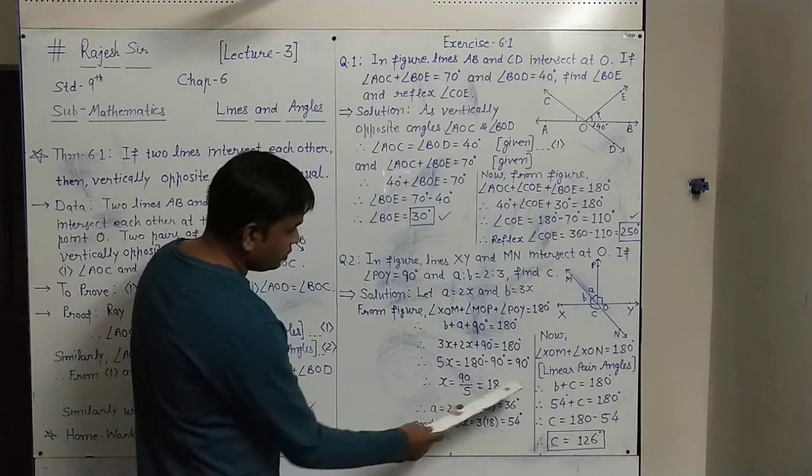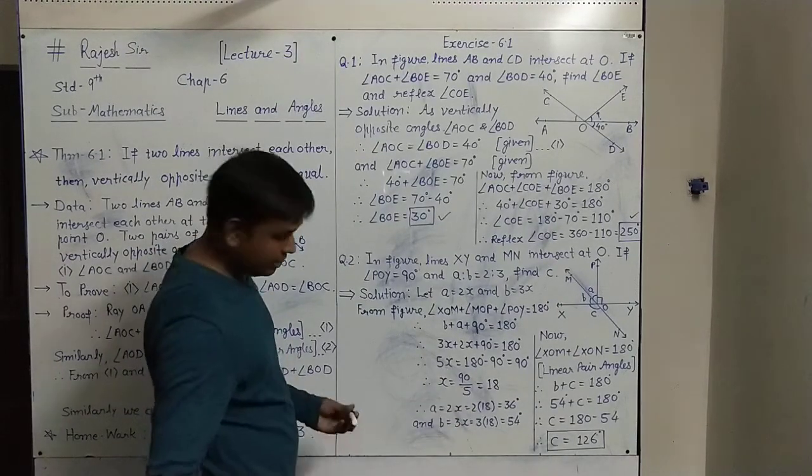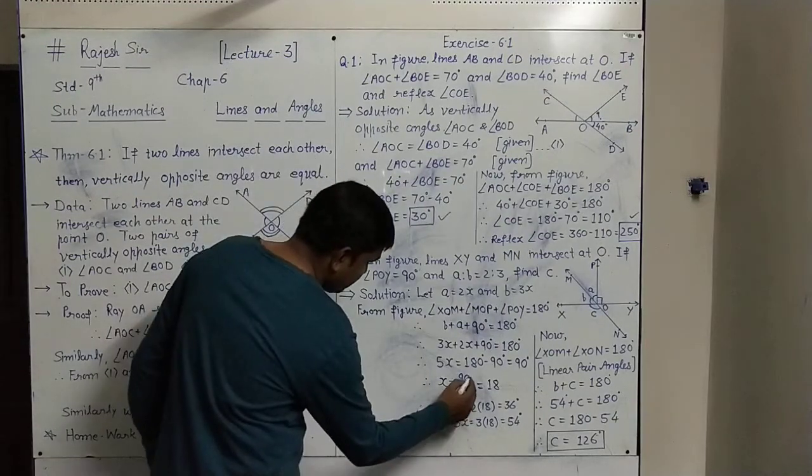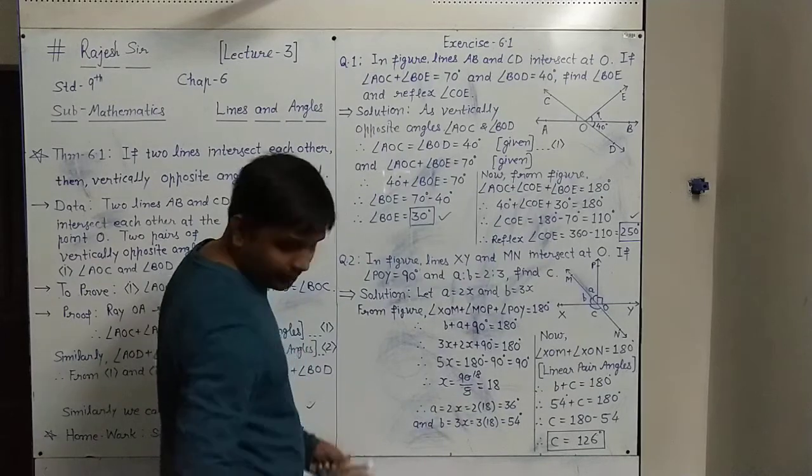So x equals 90 upon 5, which is 18, so x equals 18.